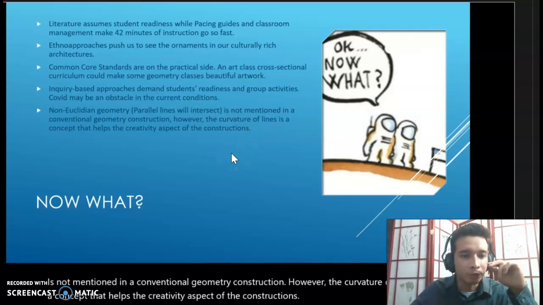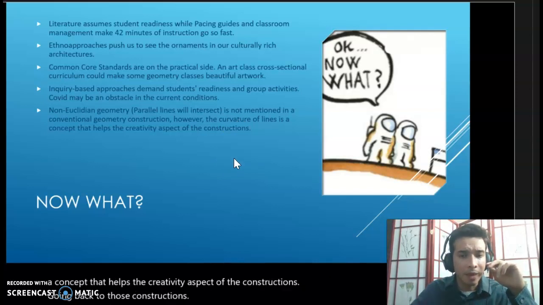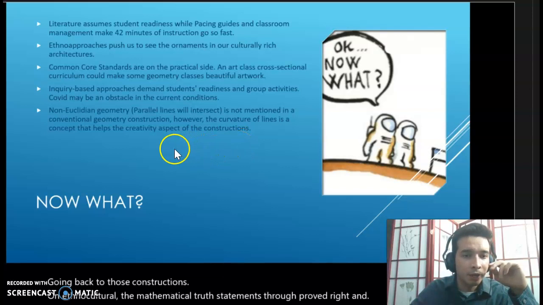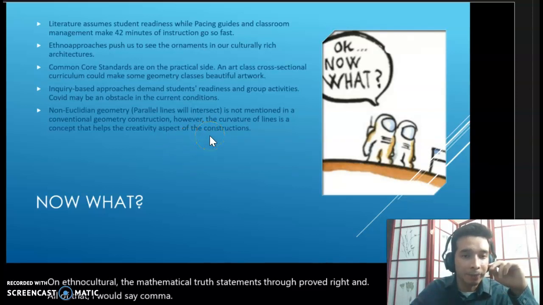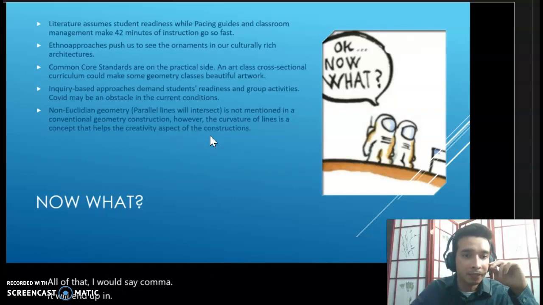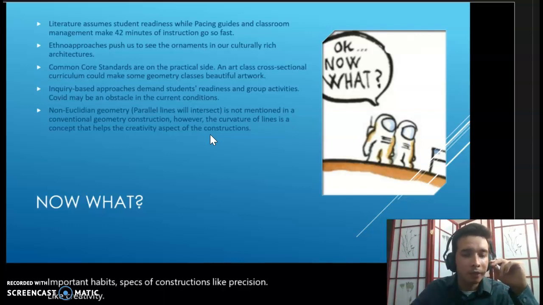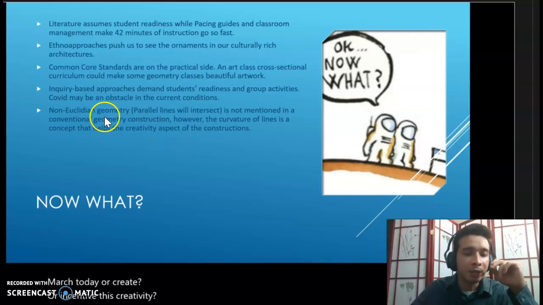Going back to those constructions, the ethnocultural, the mathematical truth statements through proof writings, all of that, I would say, it will end up in important aspects of constructions like precision, like creativity. I believe that in my classroom, I must motivate or create or incentivize this creativity because this is not a fixed topic.